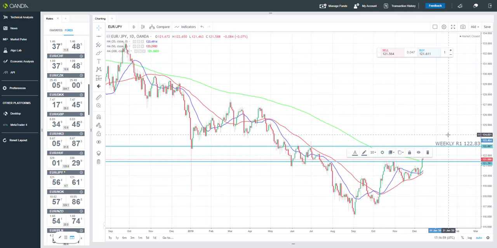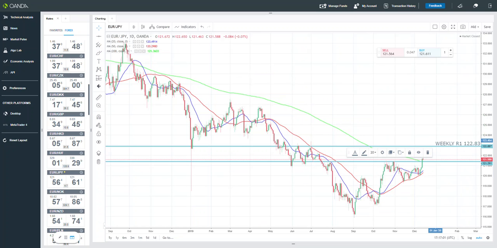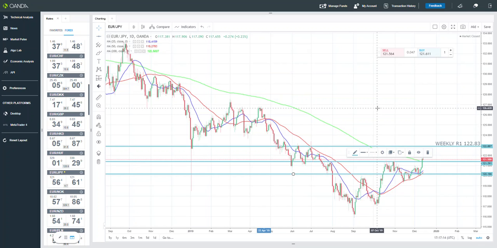Okay. So then our weekly support one is 120.18. So let's find that. 120.18, right about there. So there we go.